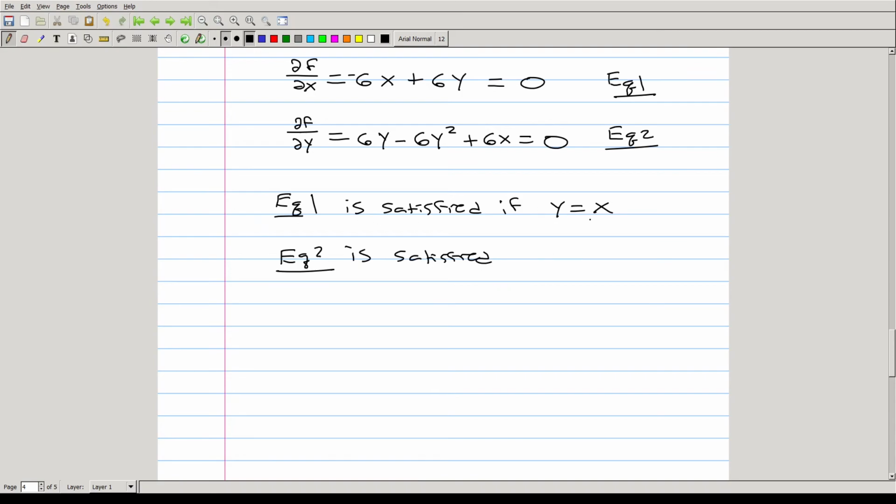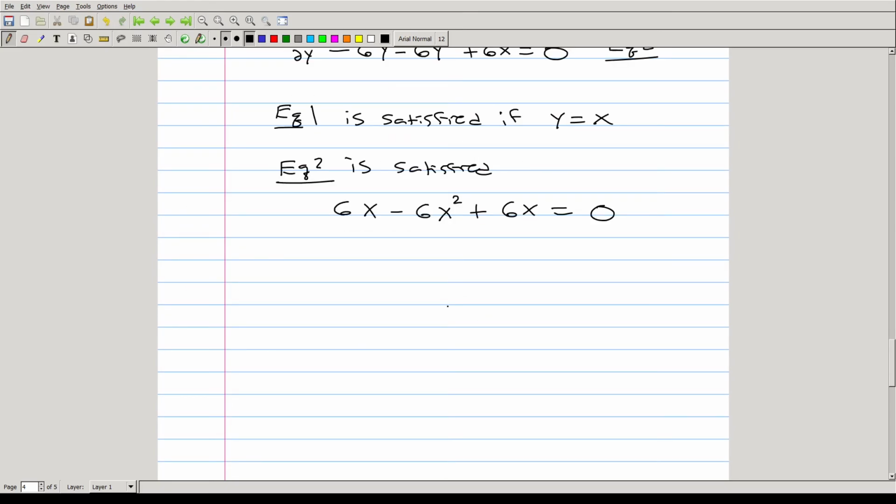And assuming that equation 1 is satisfied, so y equals x, we can substitute into equation 2 to get the equation 6 times x minus 6 times x squared plus 6 times x must be equal to 0. And this is something that needs to be solved to simultaneously satisfy equation 1 and equation 2.